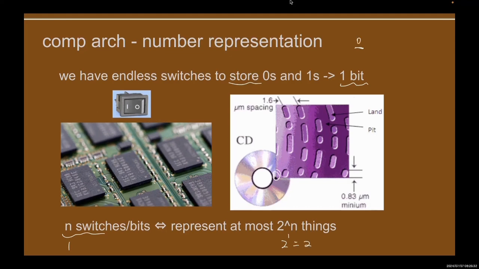Because it's 0 or 1. If you have two switches, then you can represent four things: 0 0, 0 1, 1 0, 1 1. And similarly, if you have 7 switches, you can represent 128 things, right?